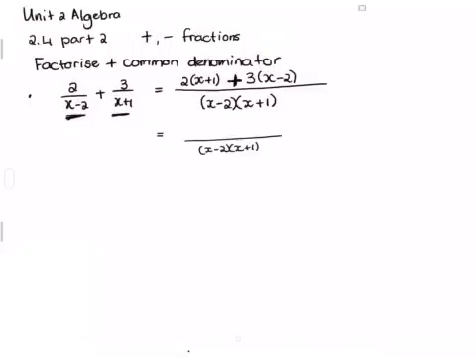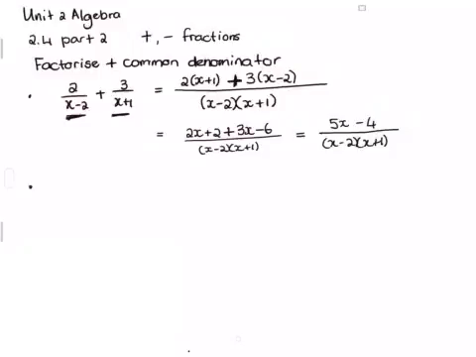So I'm first going to multiply the 2 into that bracket, then follow my plus and multiply the 3 into that bracket. Now I have 4 terms at the top, but some of them are like terms. So again, underneath, we don't change anything. Now at the top, 2x plus 3x is 5x, plus 2 minus 6 is minus 4.